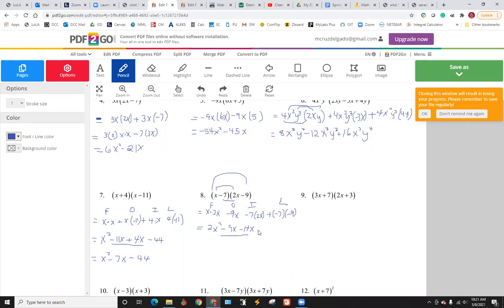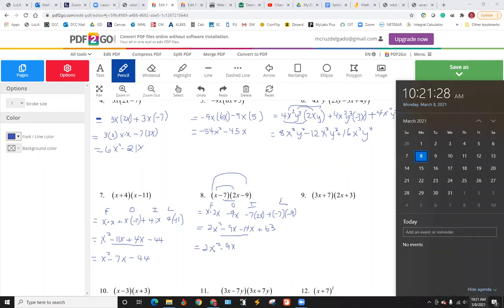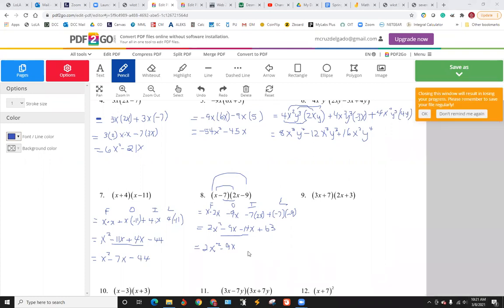And then 7 times 9, negative both, is just going to be a positive 63. Oops, I got to combine those two.